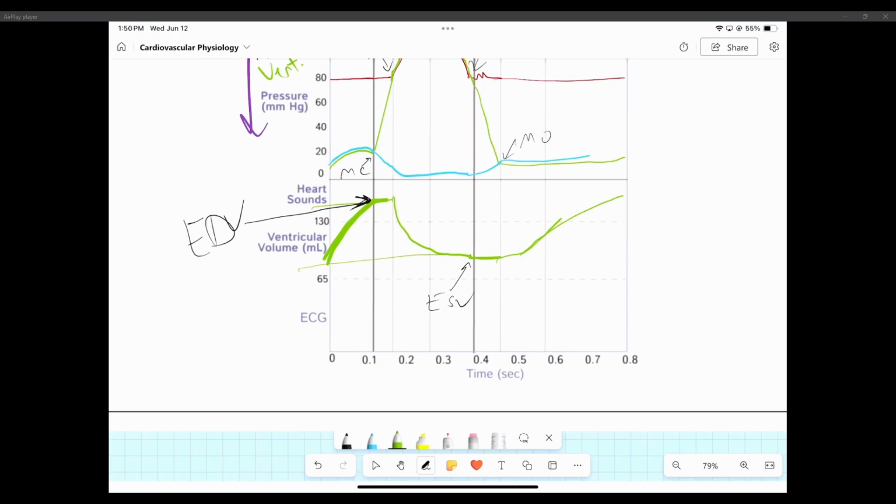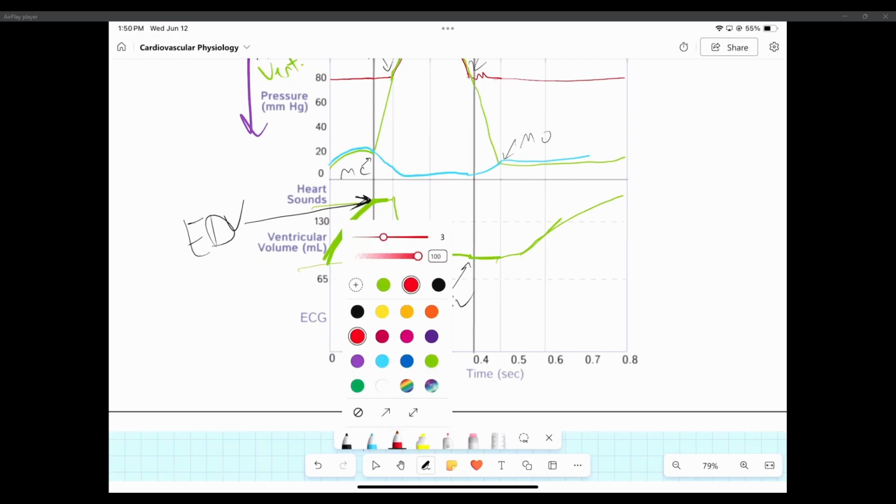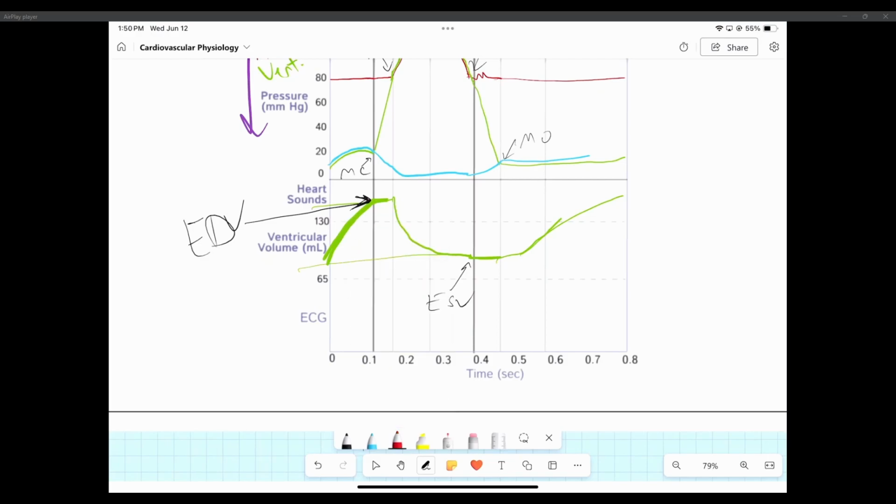So the last thing we'll do is heart sounds and the EKG. Heart sounds, we'll do it in red. Okay, in the heart, S1 happens right here. You hear one sound, S1.